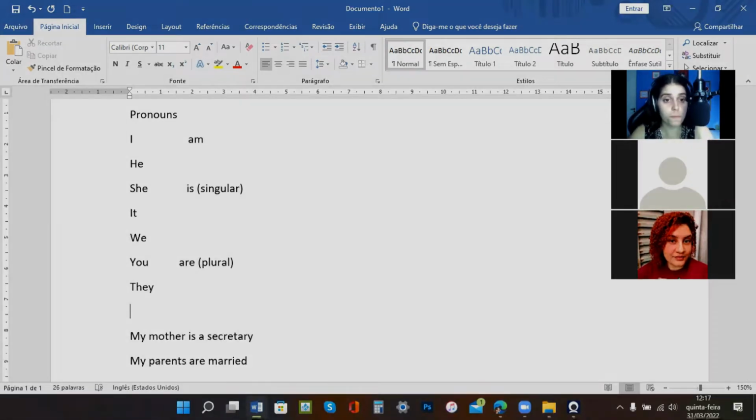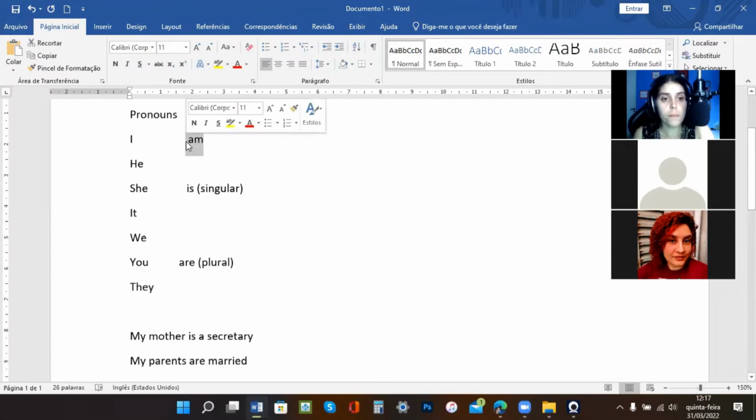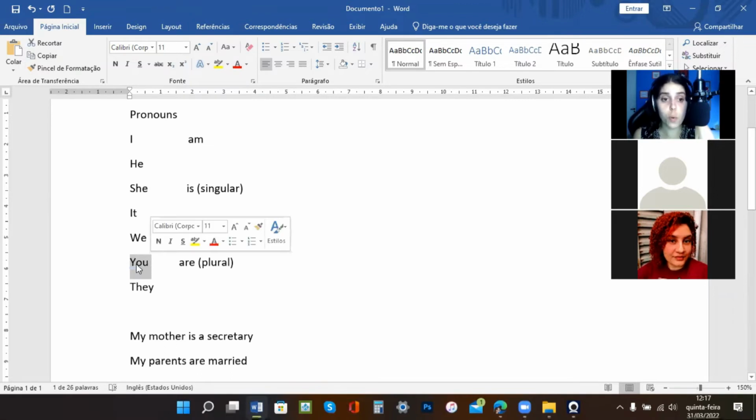Okay, people, I just have two exceptions. Only two exceptions. As exceções são o am, que o am eu só uso para I. A gente só usa o am com I. É sempre I am. Eu sou ou eu estou. A gente não usa o am com mais nenhuma outra situação. A outra exceção é o you, porque o you ele pode ser tanto singular quanto plural.